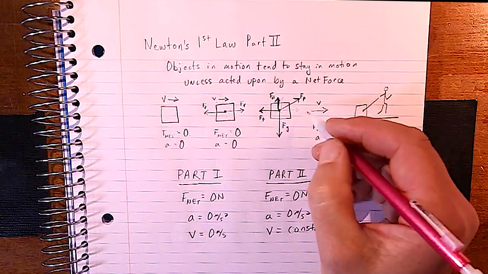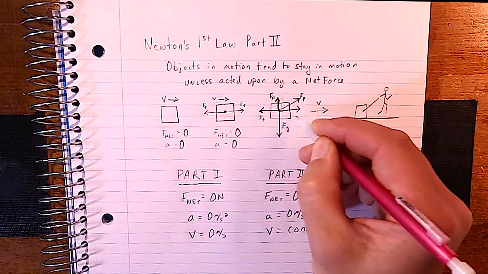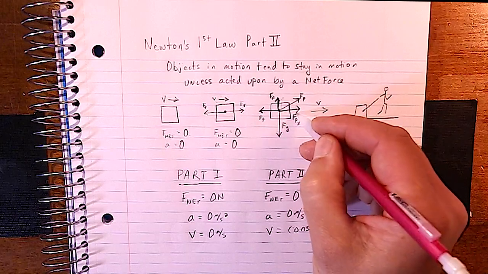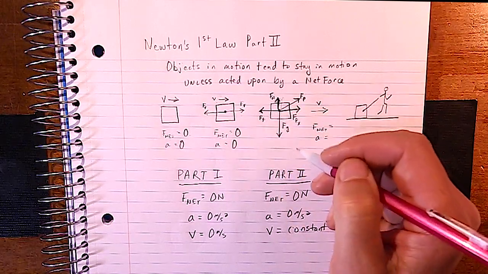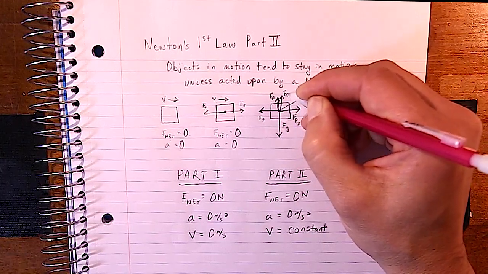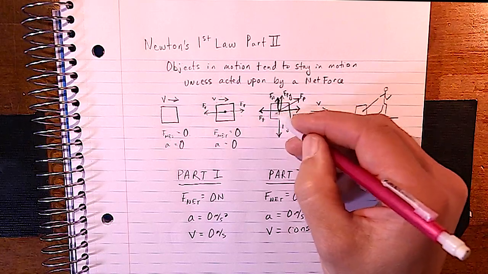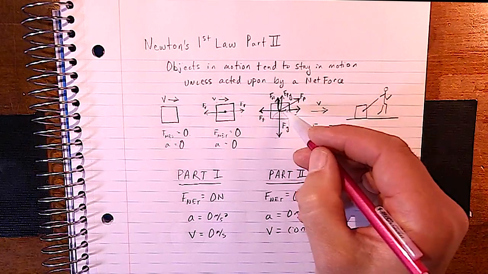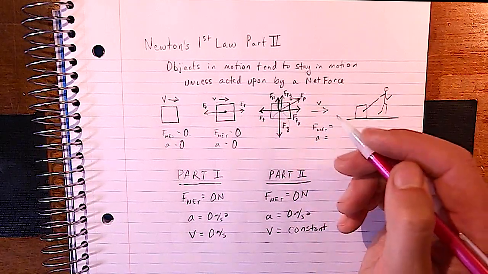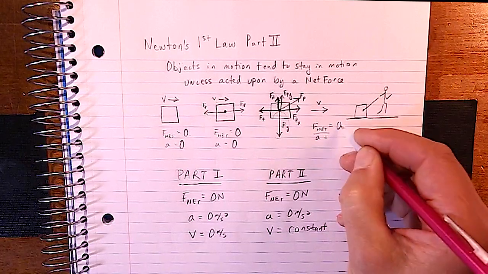Now, if this is moving at a constant velocity, then we know that the horizontal component, which we could call Fpx, would cancel out with the force of friction. And the vertical component, which we would say is Fpy plus Fn, would cancel out with Fg. So the net force of all these forces would cancel each other out. If the net force is all canceled out, we have 0 for the net force.